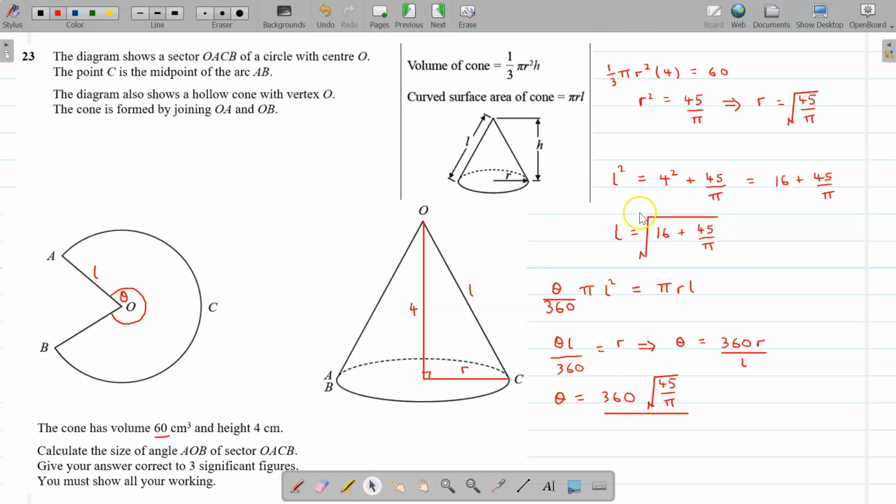So it's a very complicated looking situation we've got here. So let's take a copy of that and put that under there.